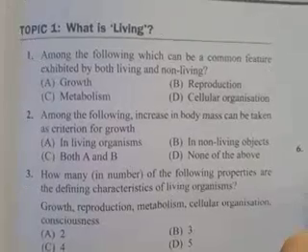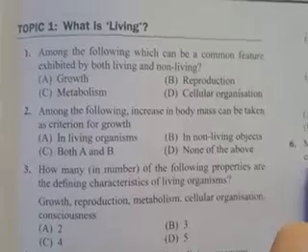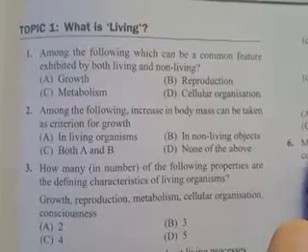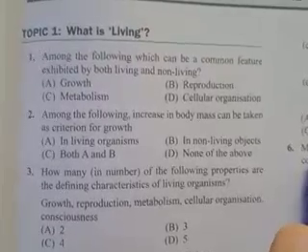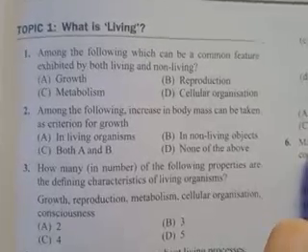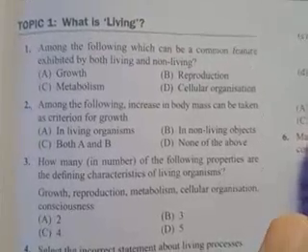the first question: among the following, which can be a common feature exhibited by both living and non-living? What they are asking: among the following means they have given you 4 options.